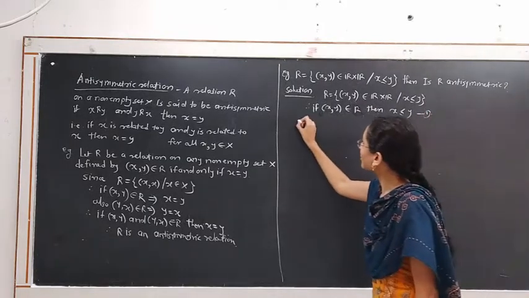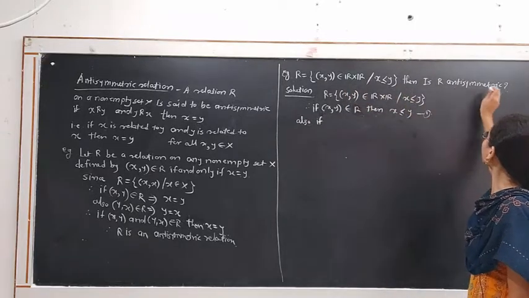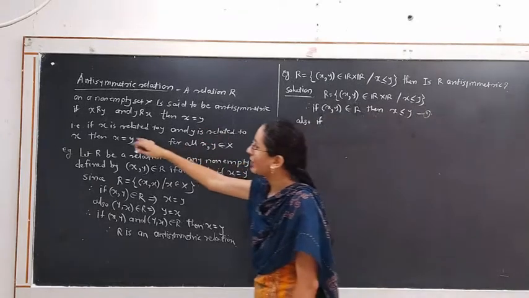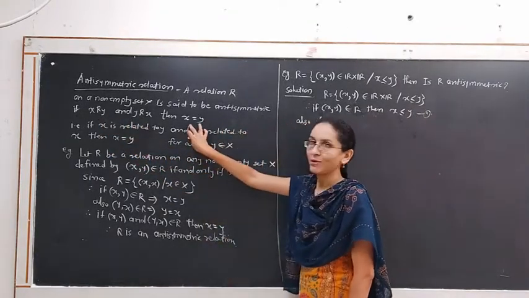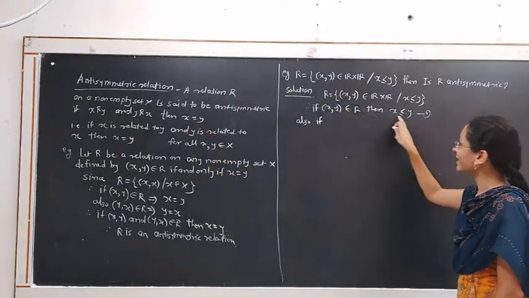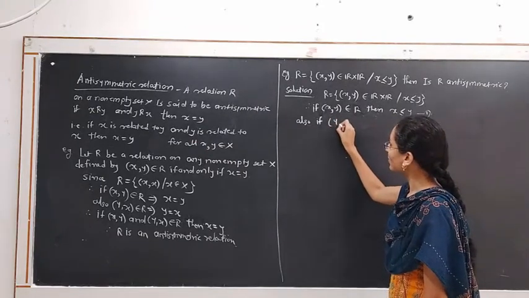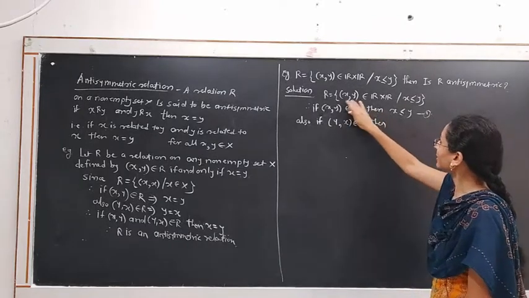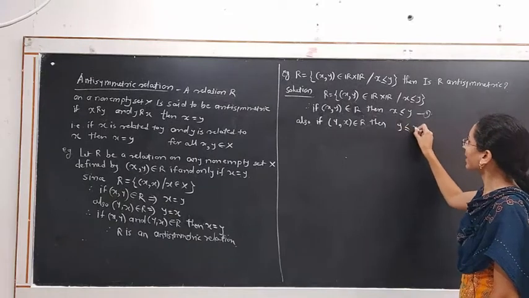This is the first equation. Also, if we want to check whether this relation is antisymmetric or not, what is the definition of antisymmetric? If we have two ordered pairs (x, y) and (y, x) in R, then we should have x is equal to y. Here, if (x, y) belongs to R, then x is less than or equal to y. Now, also if (y, x) belongs to R, then by definition this implies y is less than or equal to x.